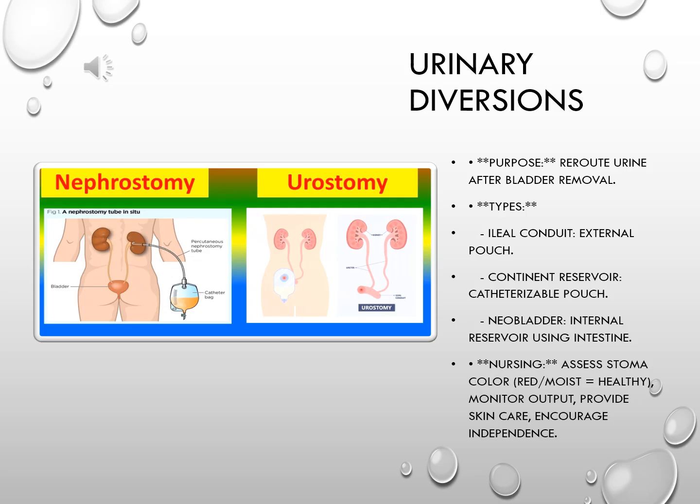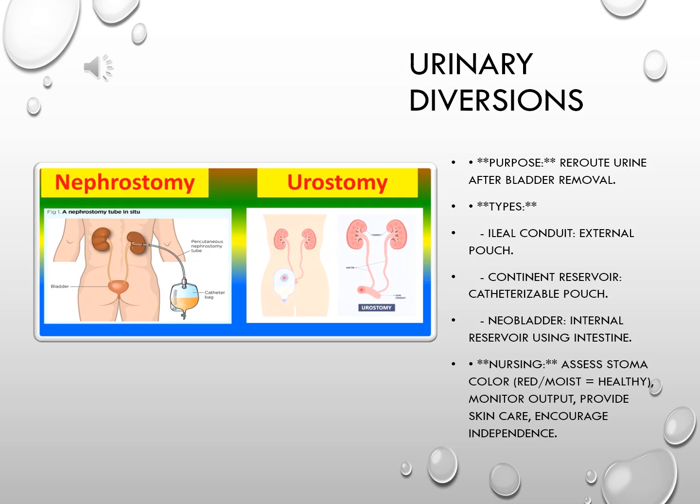Now, when we look at a urostomy, a urostomy is a surgical diversion of urine from the bladder out to a new exit site. This is created via a stoma, so that red beefy stoma on the outside of the abdomen. This one is usually performed after a cystectomy or a bladder removal due to cancer, trauma, or different chronic diseases as well.